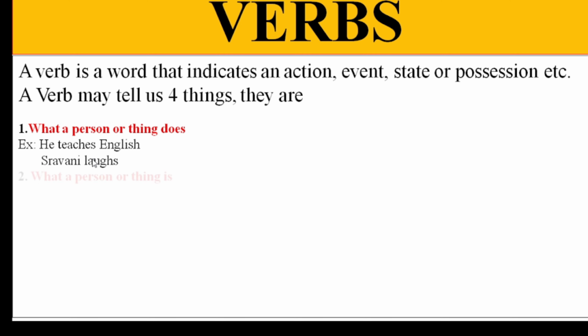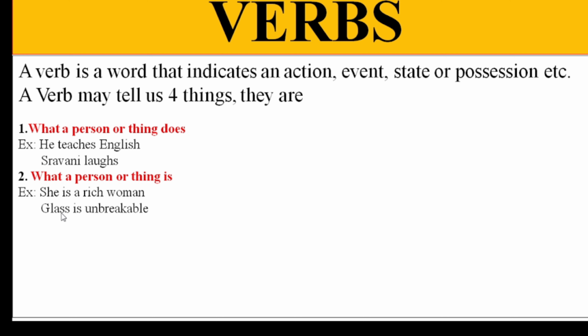Now we'll go to the next one: what a person or thing is. It shows the status. Here the example is, she is a rich woman. So this is the status or the position of a person or a thing.